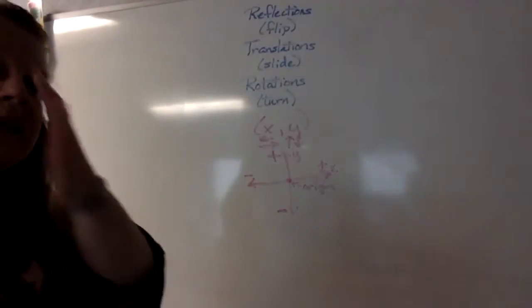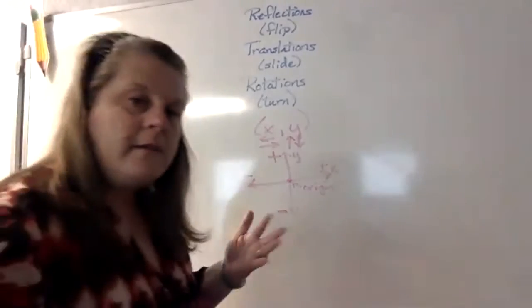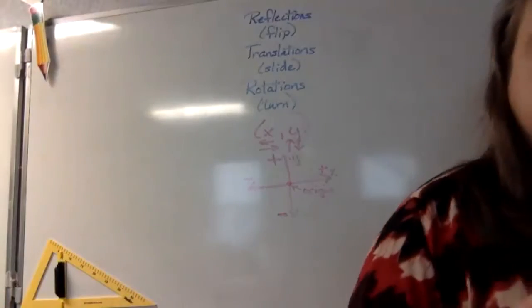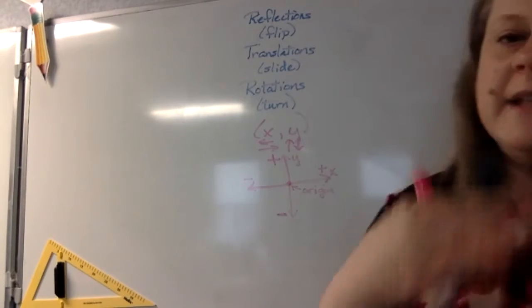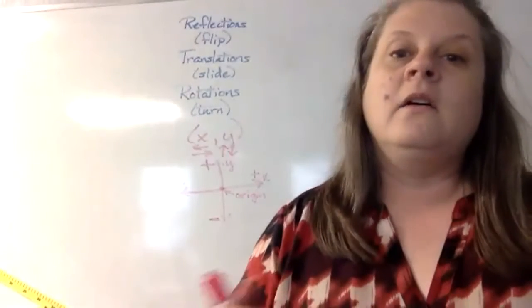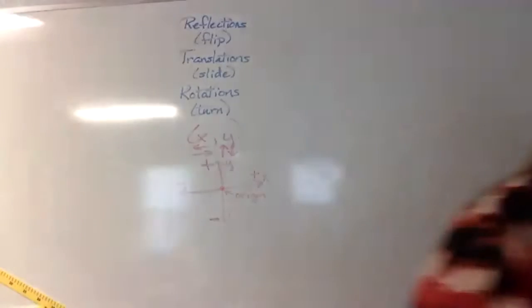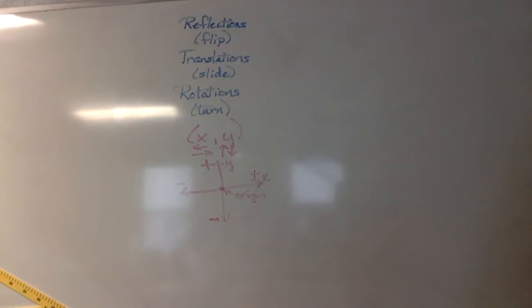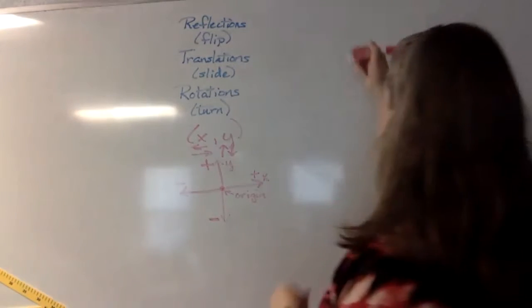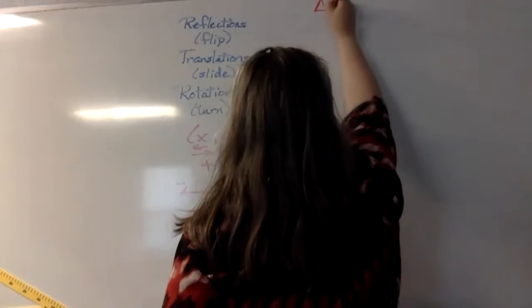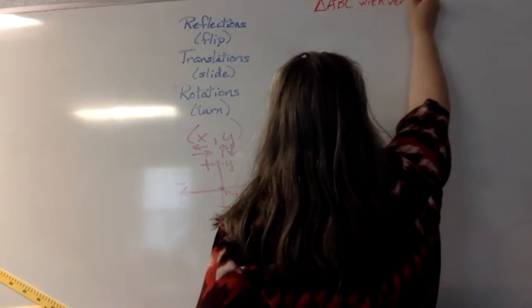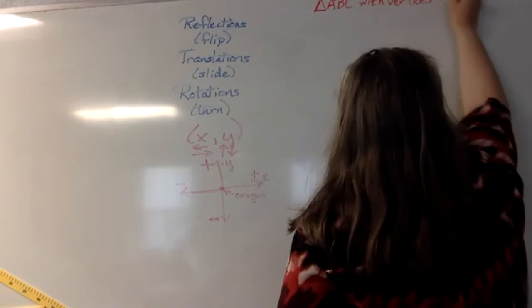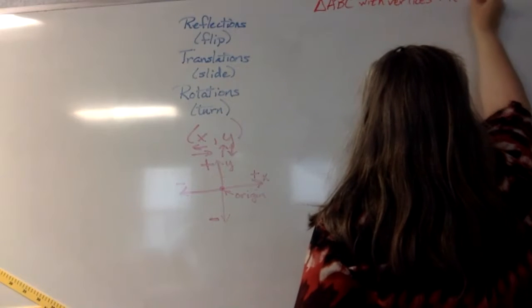Now, what we're going to do is I'm going to give you some coordinates of a triangle, and we're going to find some different reflections, translations, and rotations with that. And then you're going to do the same thing on your own. That's going to count as your quiz. Okay? So we are going to have triangle ABC with vertices A, which is at -3, 1.